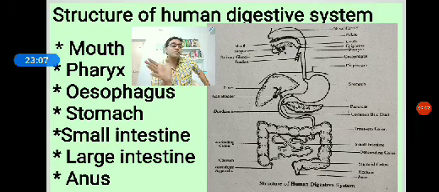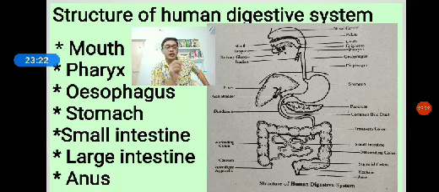If the pharynx passes food, the epiglottis closes the trachea and opens the esophagus. If air comes, the epiglottis closes the esophagus and opens the trachea. In this way, the epiglottis performs rhythmic opening and closing.